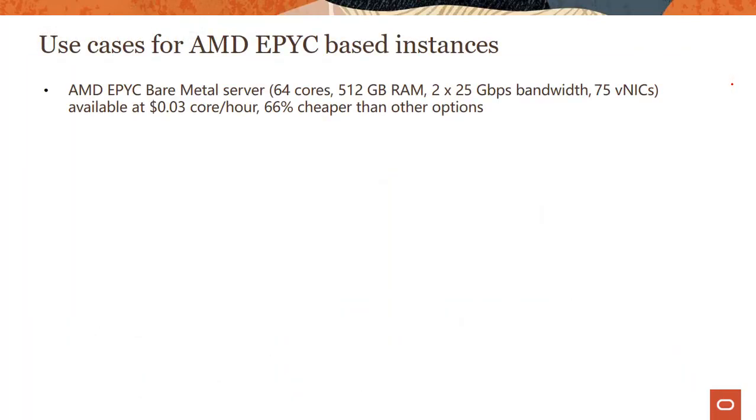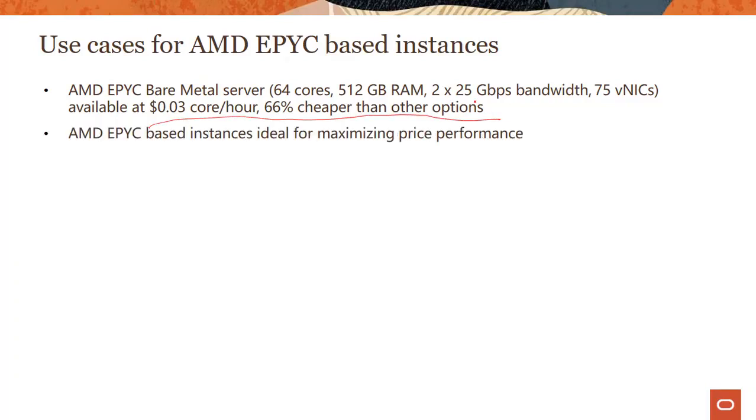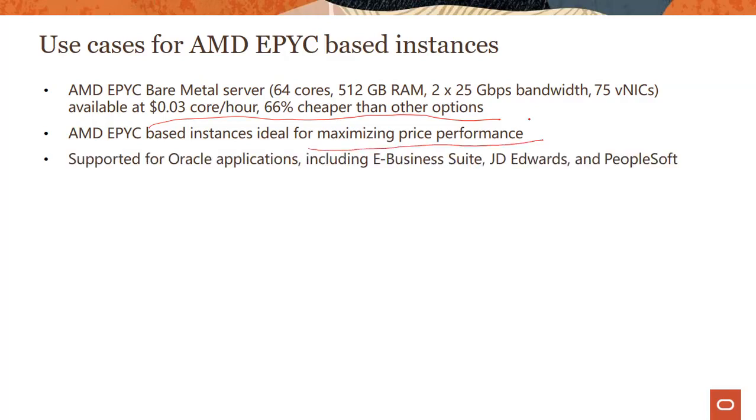Now, there are cases for AMD EPYC based instances. The first thing is these are cheaper. So you look here, it's 66% cheaper than the other options out there, predominantly Intel. These are ideal for maximizing price performance. So anytime you are concerned about price performance, you can go with the EPYC AMD instances.